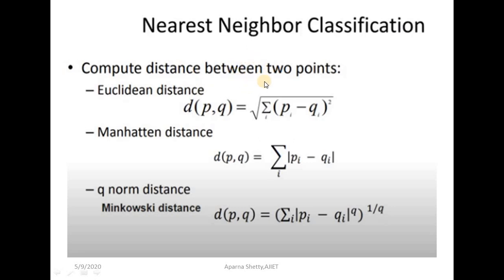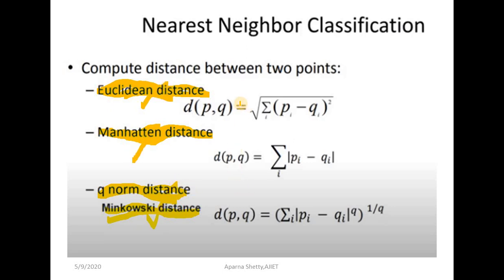To find the distance, we have three metrics: Euclidean distance, Manhattan distance, and k norm distance, also called Minkowski distance. These are the three distance metrics we will use.